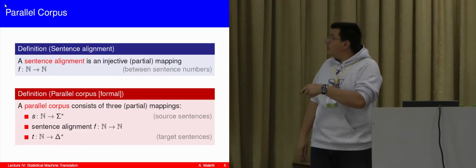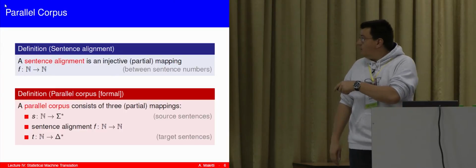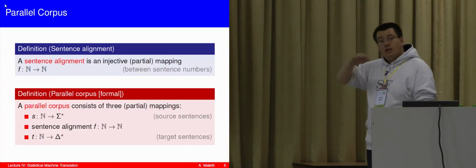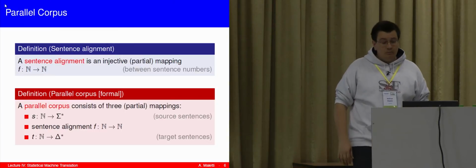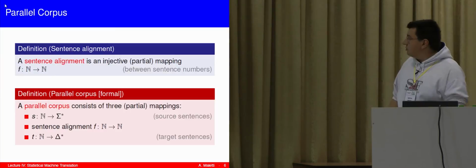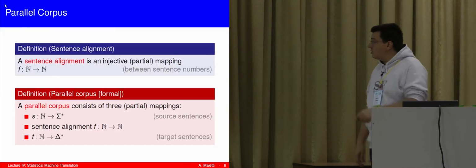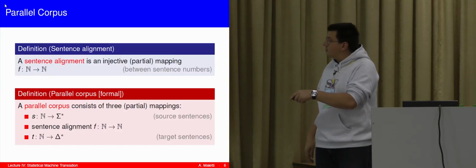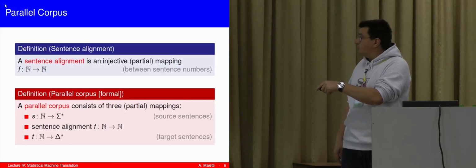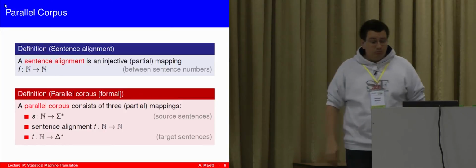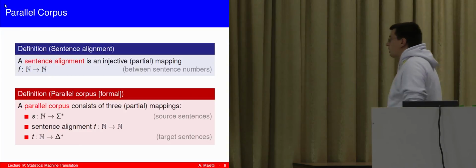One, sentence numbers to sentences in the source language; a sentence alignment, which links the two sentence numbers together; and a second mapping from the natural numbers to strings, which assigns to each sentence number a target sentence. Of course, these will typically have finite support, right? So it will just stop at some point. It will be partial from then on, because you don't have infinitely many sentences.